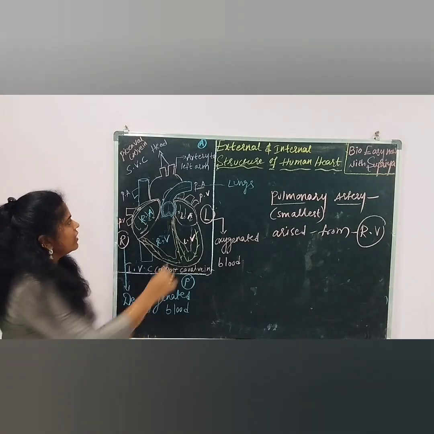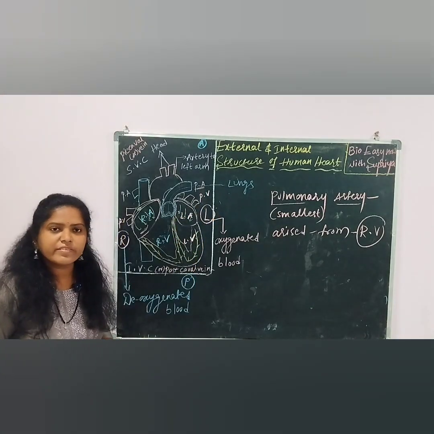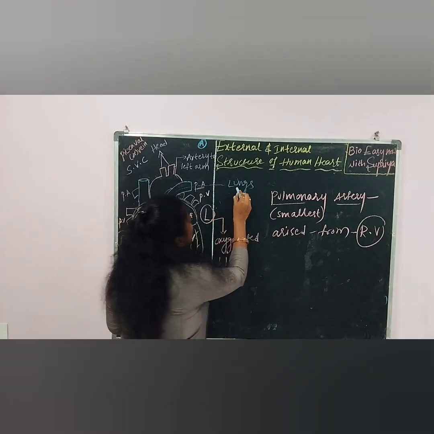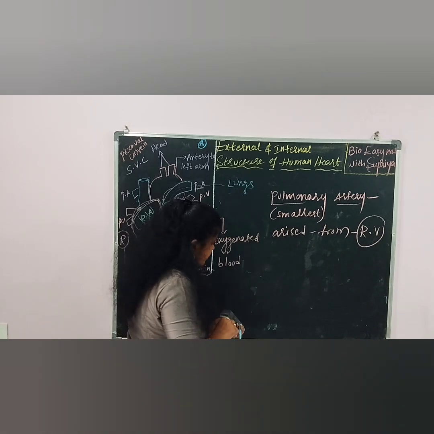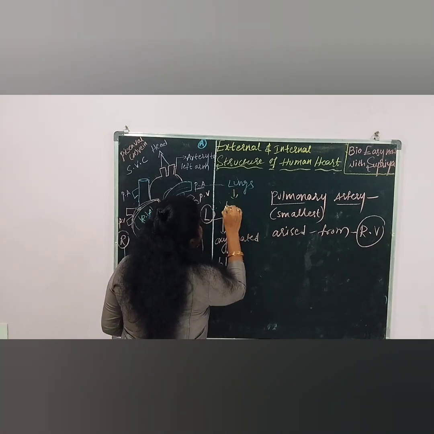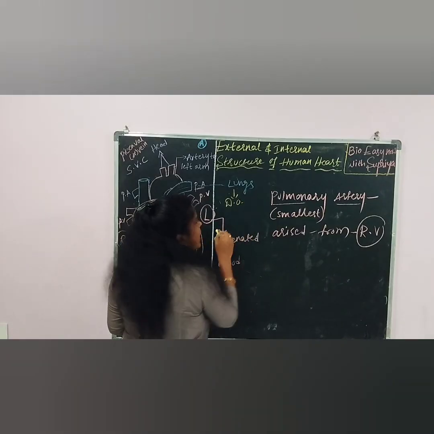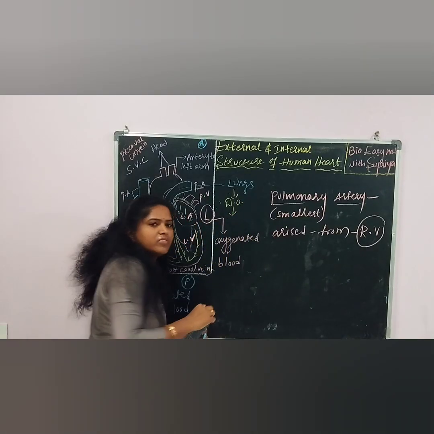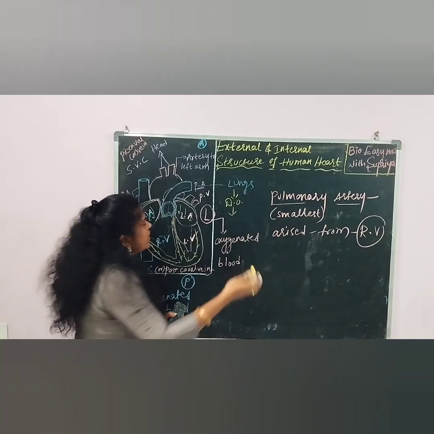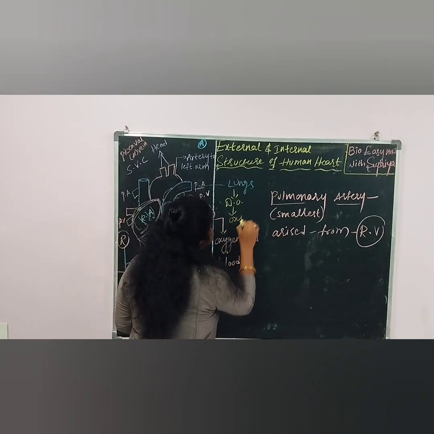In the lungs, the deoxygenated blood is exchanged into oxygenated blood.